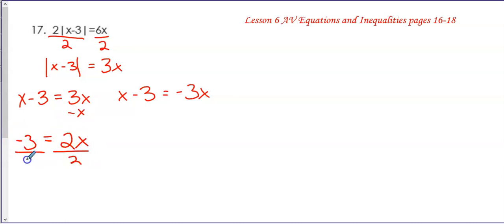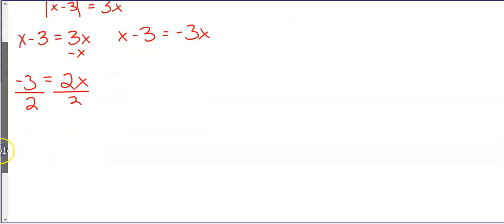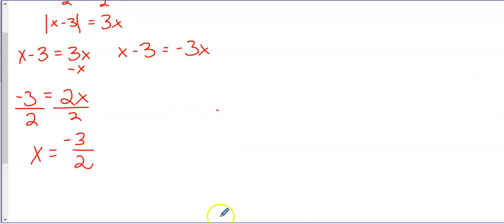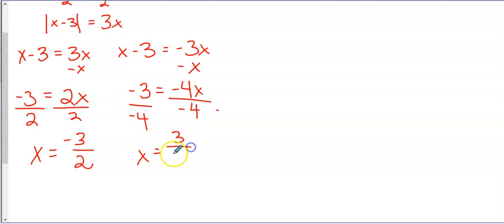Divide by 2. X equals negative 3 halves. So on the other side, I'm going to subtract x again. So x equals 3/4.